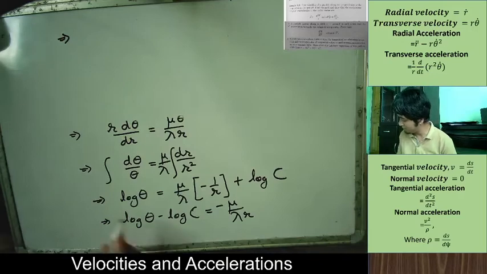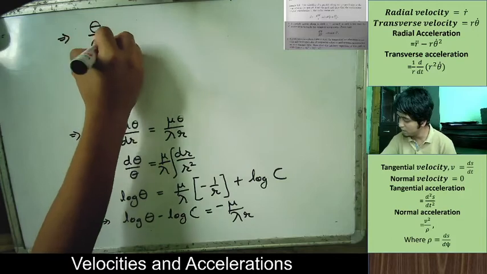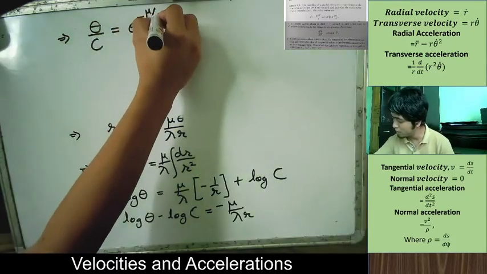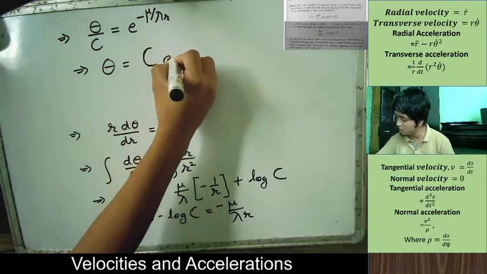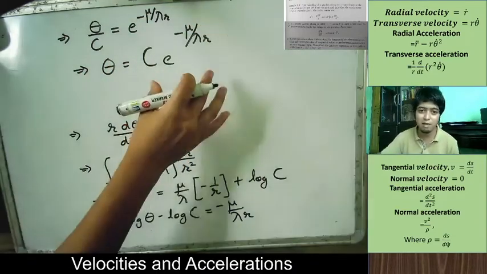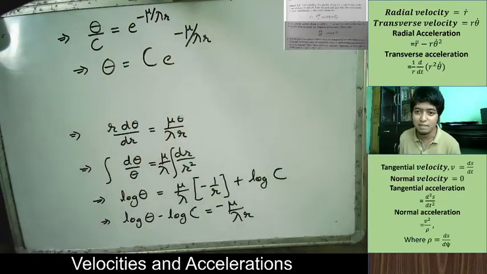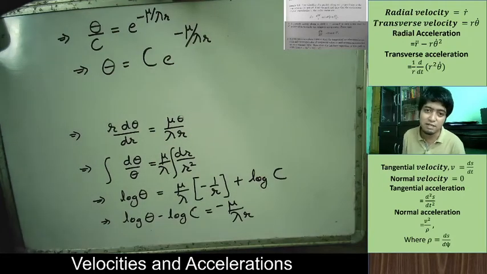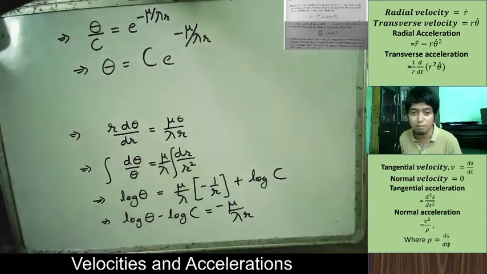Log theta minus log c will give you log of theta upon c, so theta upon c equals e power minus mu upon lambda r. So theta will ultimately be equal to c e power minus mu upon lambda r. So this is the required path. It is the required path because it no longer contains time. Sometimes we can even involve time, but for this question, since we can easily eliminate time by doing all these steps, this one will be the required path.